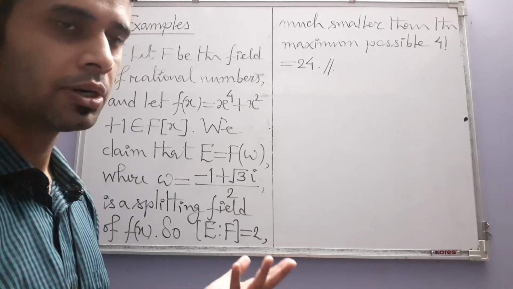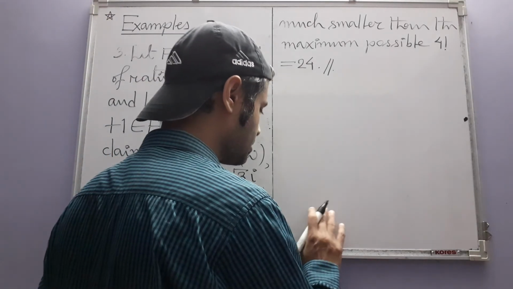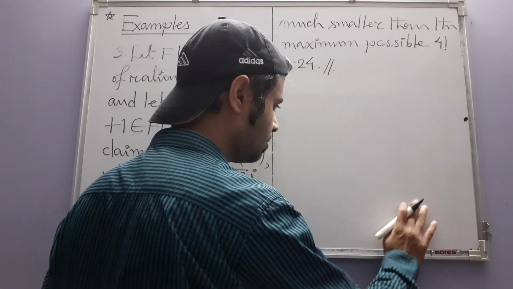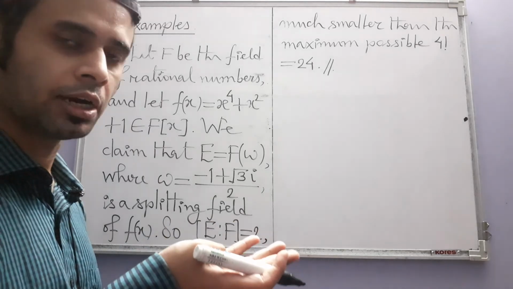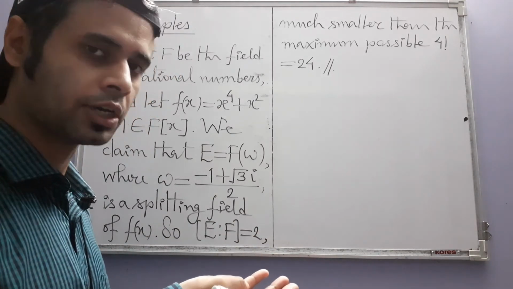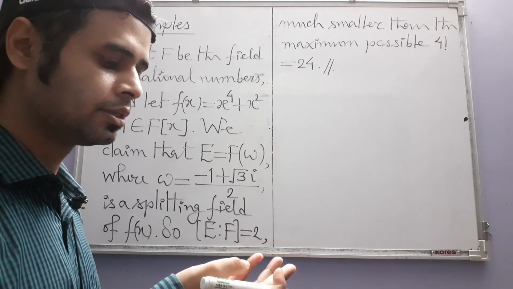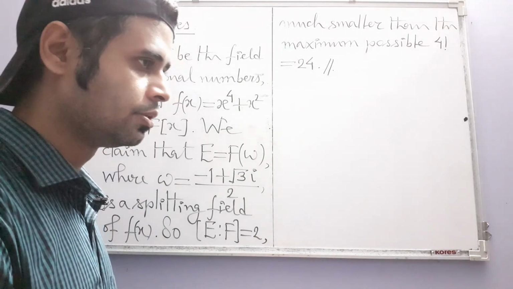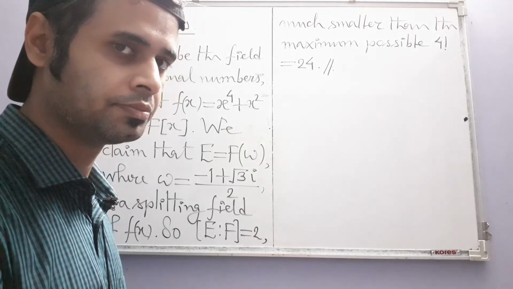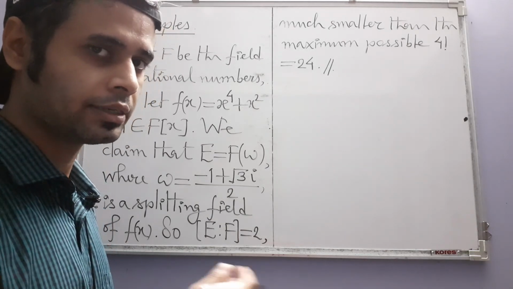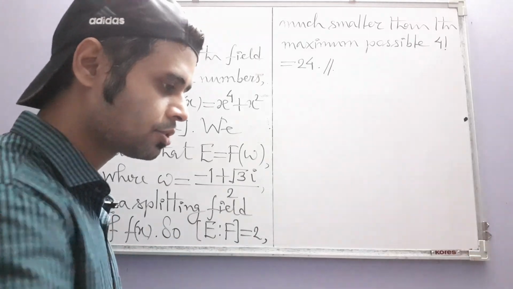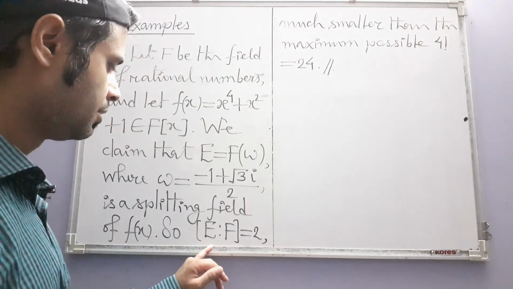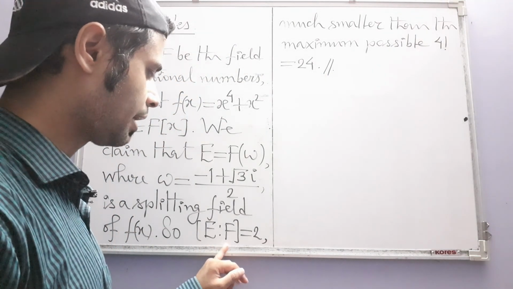N factorial is extremely large, in the sense that as n increases, it increases at a tremendous rate. 1 factorial is 1, 2 factorial is 2, fine, the increase is not that much. 3 factorial is 6, okay, it has increased somewhat. 4 factorial is 24, 5 factorial is 120, 6 factorial is 720, like that it jumps, and the jump becomes longer and longer. So quickly things become unmanageable.